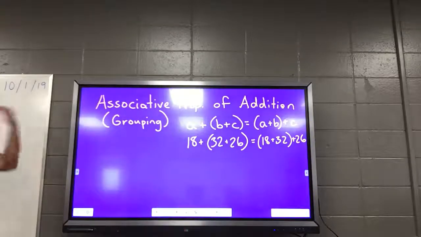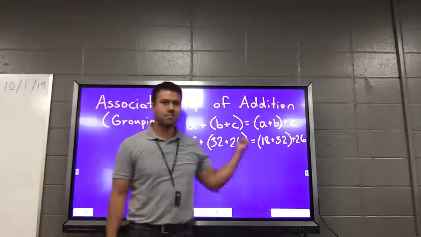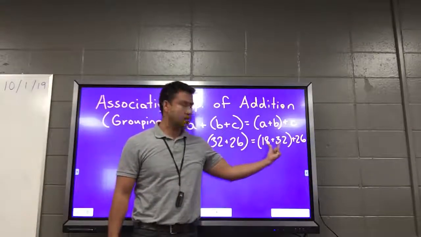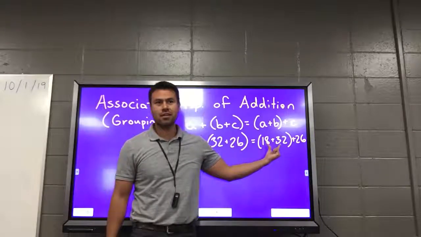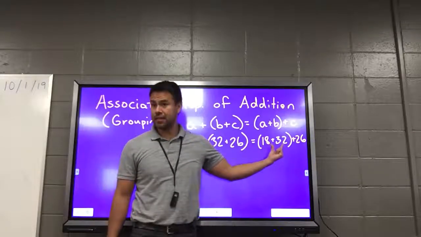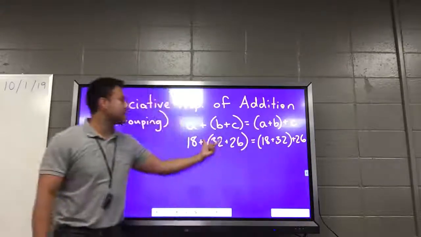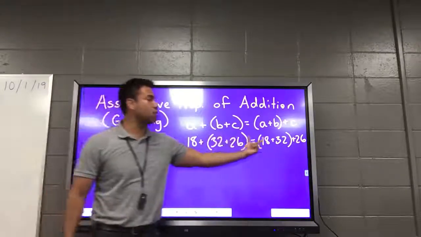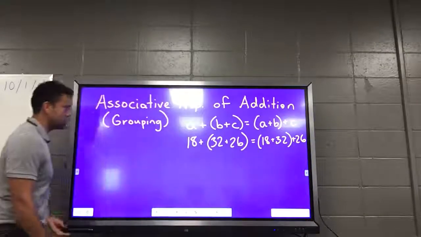Violet, why is this a little bit easier to do? Does anyone know what 18 plus 32 is? 50. That's a nice number. What's 50 plus 26? 76. That's the same thing as this one, but I grouped them differently, and it's easier to see. So associative property of addition.